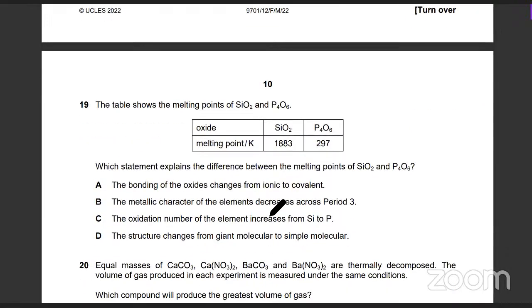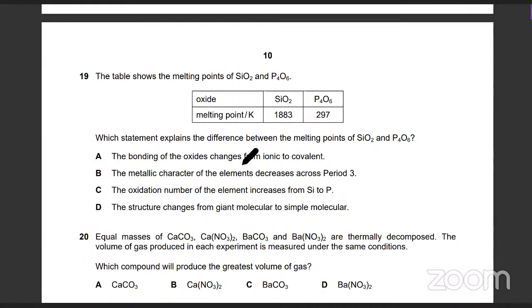Well, the next part is the table shows melting points of SiO2 and P4O6. Now this one, P4O6, remember, is a kind of white compound. It's a simple molecule. SiO2 is a giant covalent structure. So it's basically giant molecular, and the other one is simple molecular.